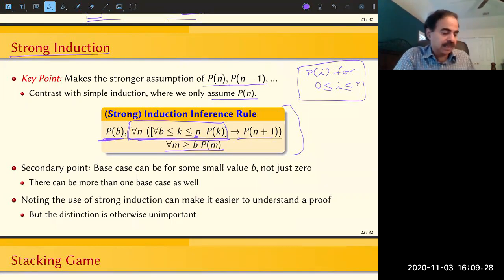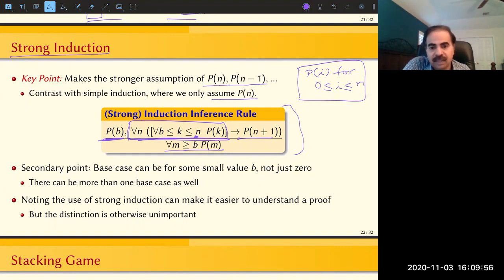While it is useful to know whether you're using strong induction or weak induction, it's not that one type of proof is better than or preferable over the other.